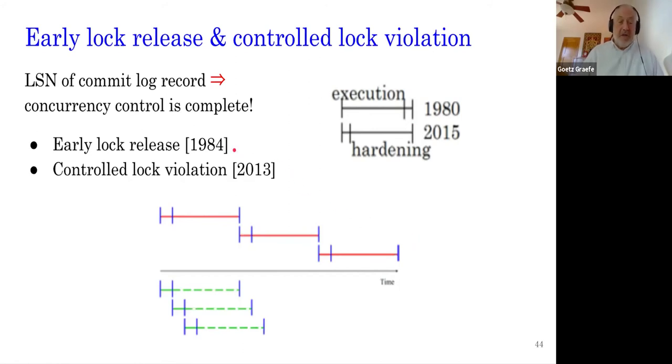Whereas the proposal in 1984 was, once you have decided you will commit, we don't need to coordinate this transaction anymore with anybody. We know what the position in the equivalent serial execution order is. So we can release the lock and permit this execution schedule. This actually is somewhat true, but not always. And that's what controlled lock violation tried to fix about 10 years ago.